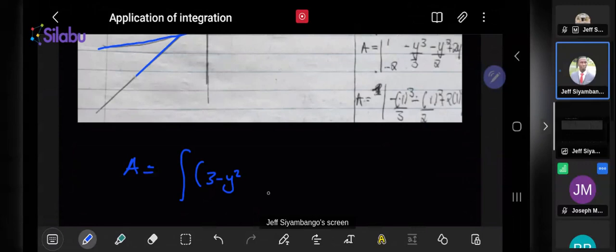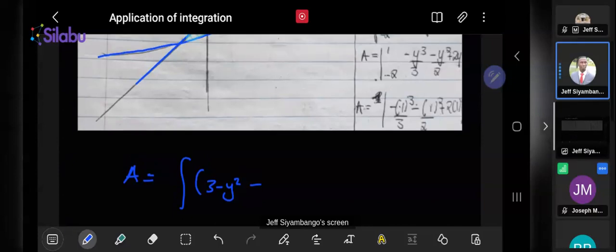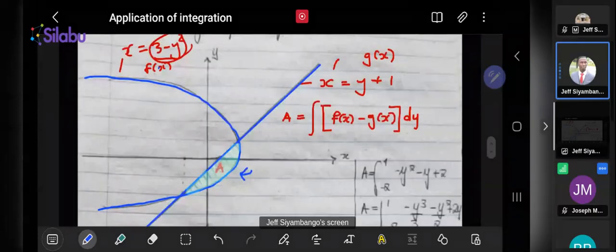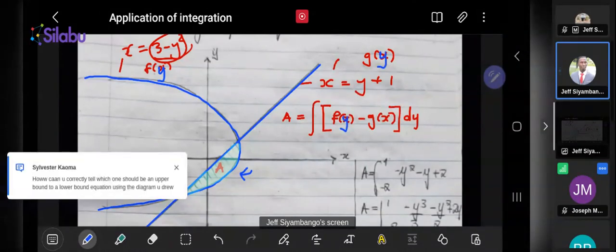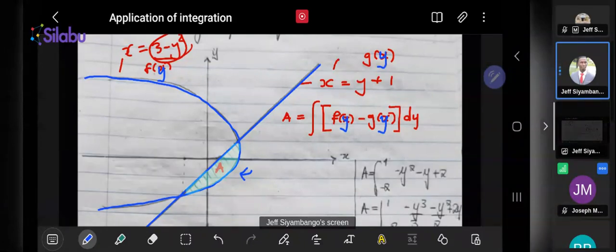So this is f of x. Then from this, we have, not f of x, f of y. I wrote f of x here. Sorry, this is f of y. And this is also g of y. So this is f of y minus g of y.